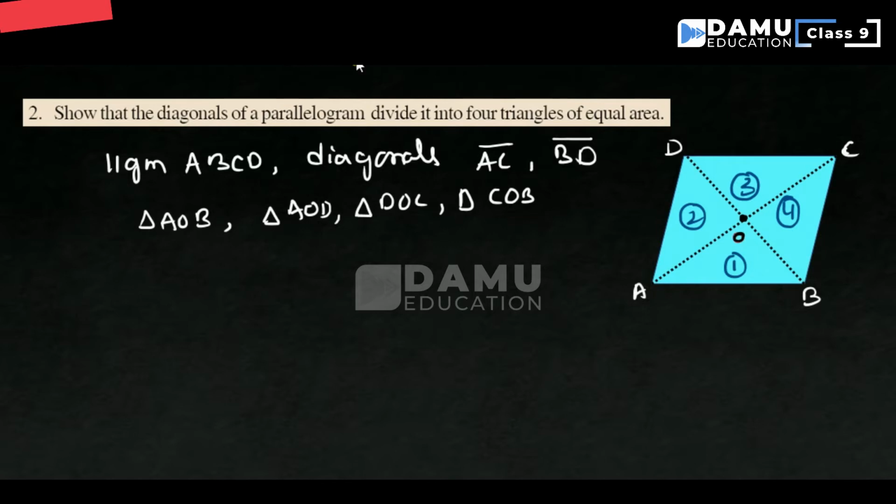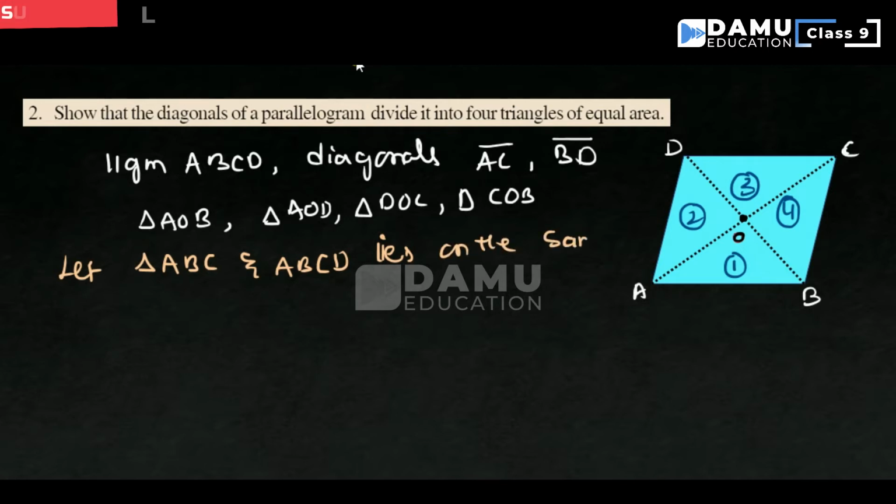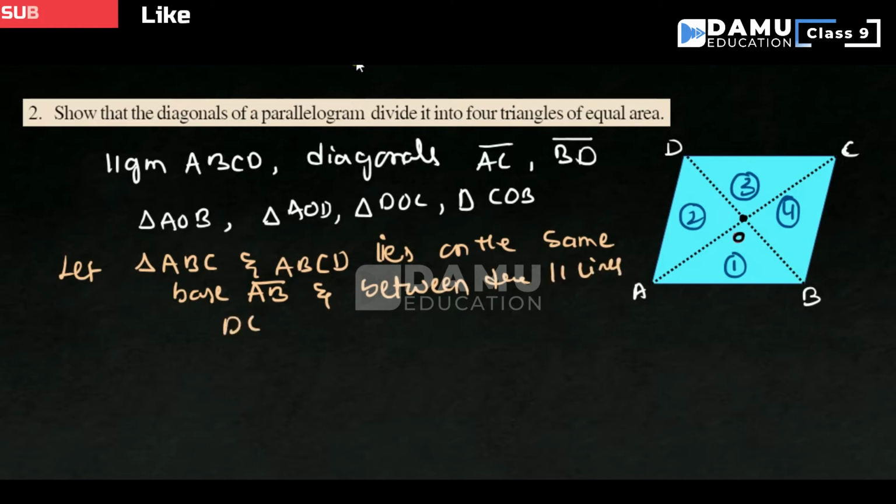The first case we have to take is triangle ABC. Triangle ABC and parallelogram ABCD lie on the same base AB and between the parallel lines, DC and AB, where DC is parallel to AB.